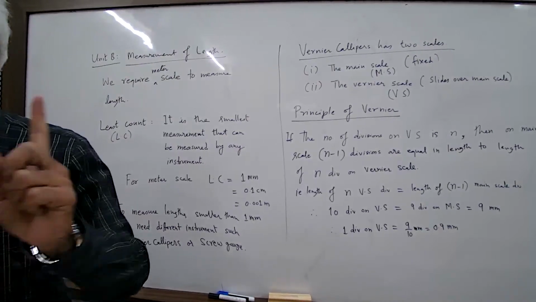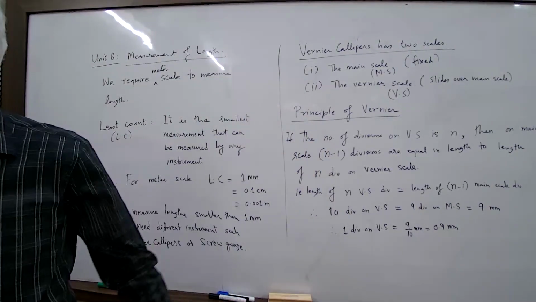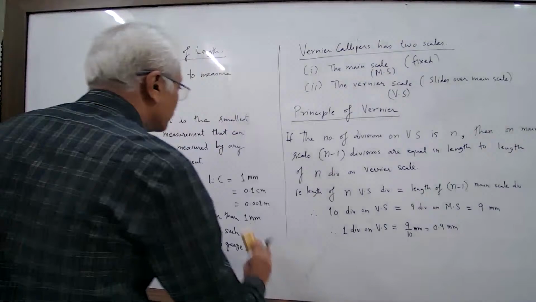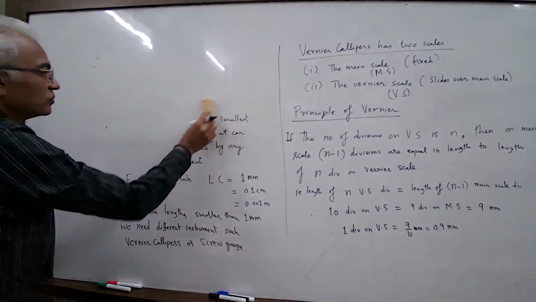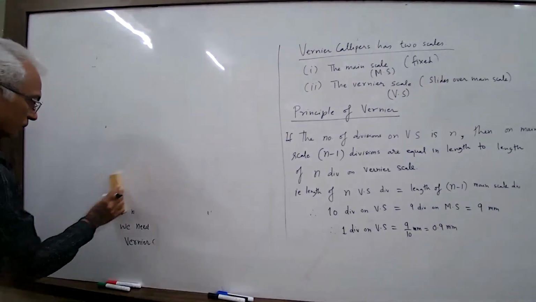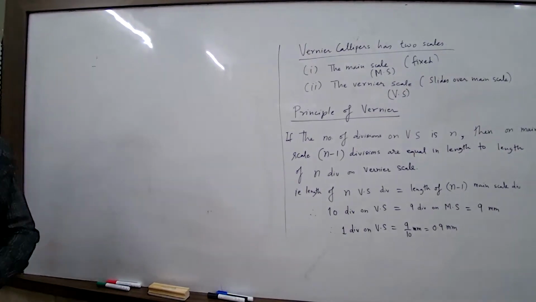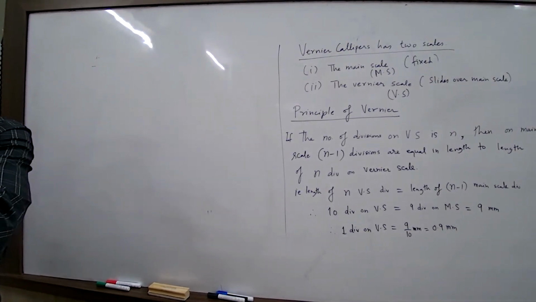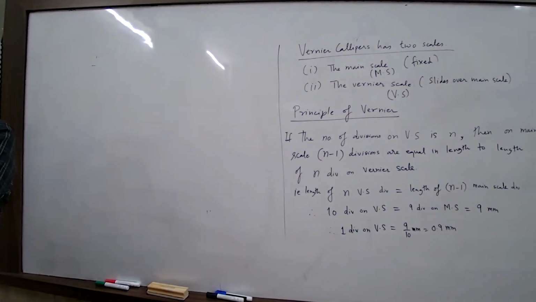Now we'll define the least count of vernier scale, because for a measuring instrument we must know what the least count is. Now see, because these scales are sliding over each other, the smallest distance that it can measure is the difference between the two divisions.